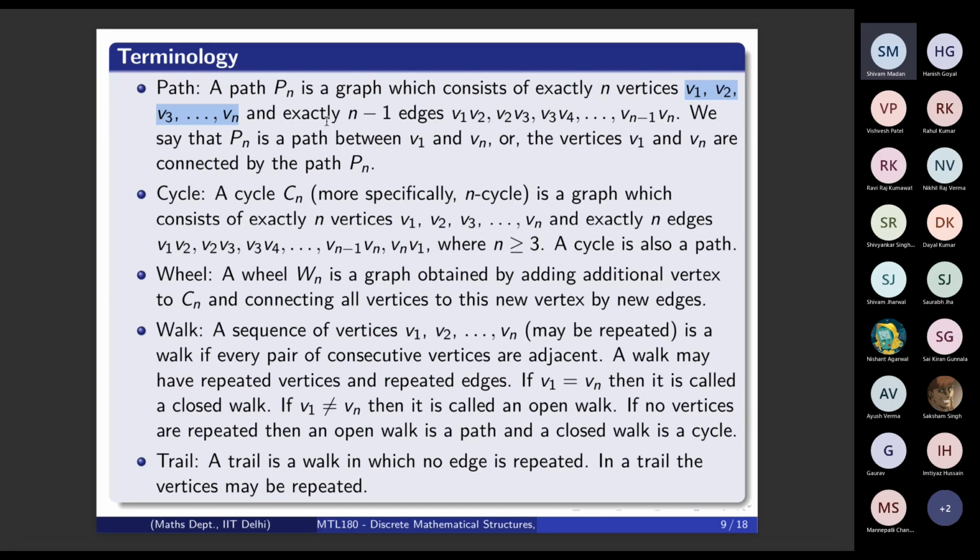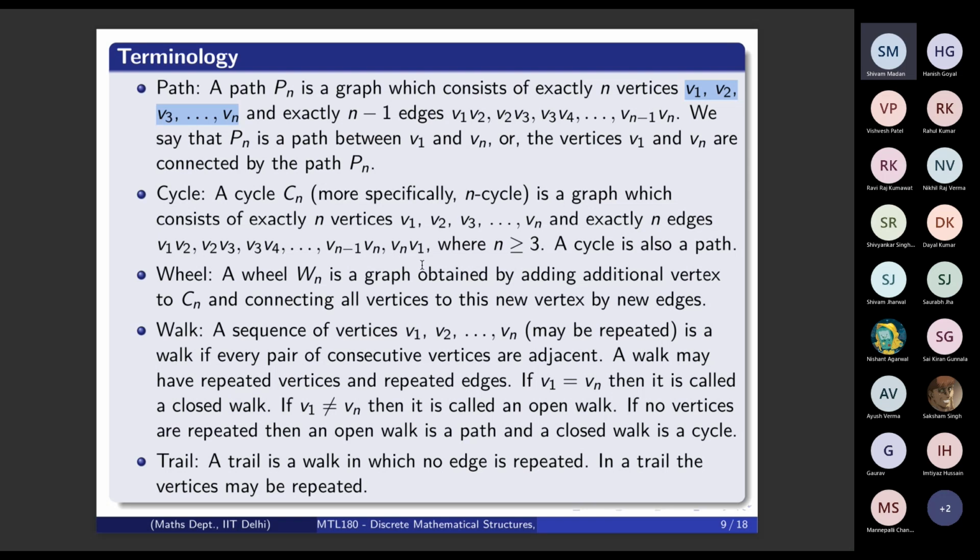Now what is the definition of cycle? Similar to a path, a cycle Cn, or generally we write n-cycle, is a graph consisting of exactly n vertices and exactly n edges, and they are different. For example, we have exactly n vertices v1, v2, v3 up to vn, and exactly n edges: v1v2, v2v3, v3v4 up to vn minus 1 vn, and then vn v1.